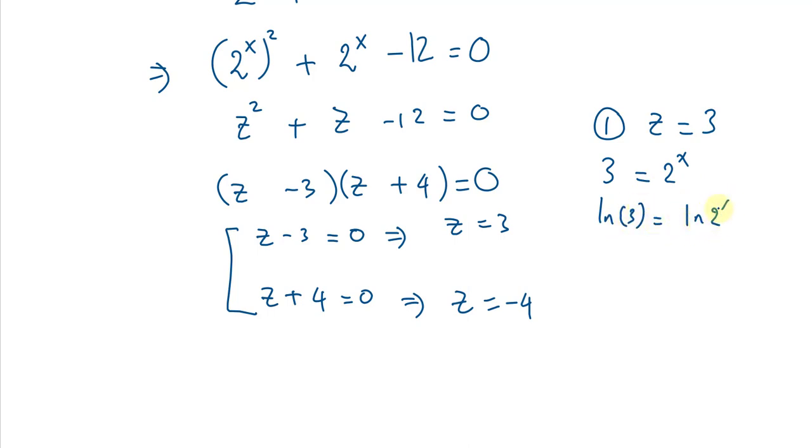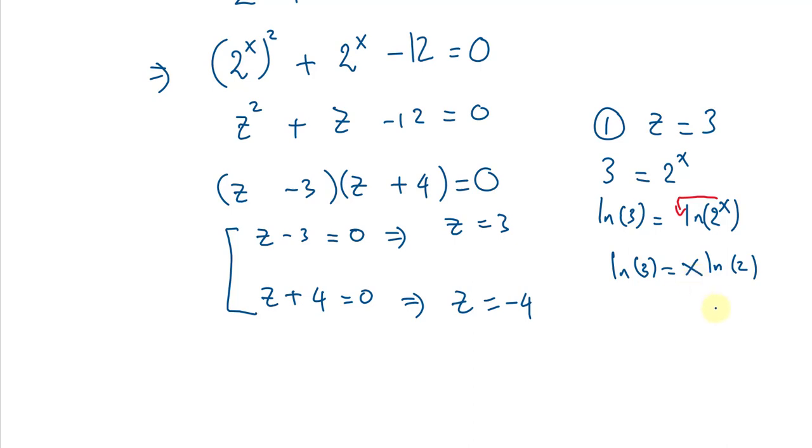When I take the ln on both sides, I can bring down the x to the front, so that gives me ln of 3 equals x times ln of 2.